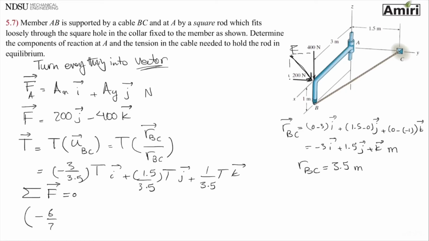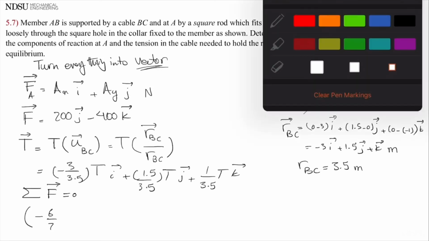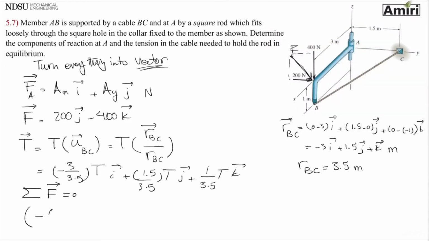Minus 6 over 7. I just multiplied by 2, so let's not do that. So let's just stick with what we have. So minus 3 over 3.5 T. F doesn't have any I, plus AX I. Next one, 1.5 over 3.5 T, plus I see an AY, plus 200.